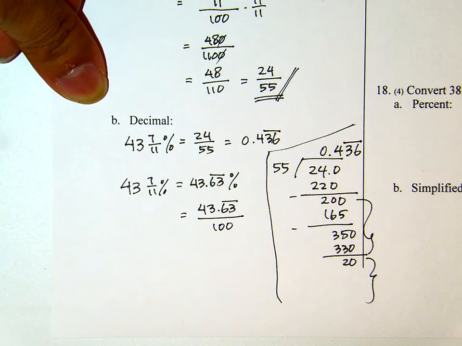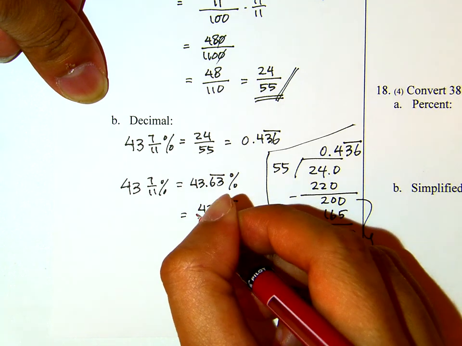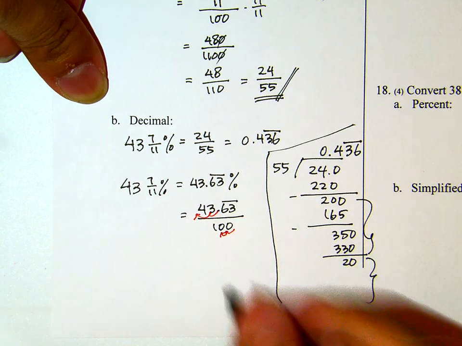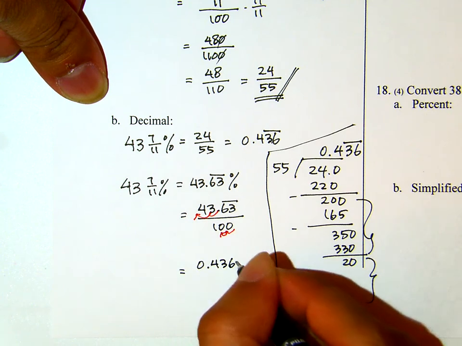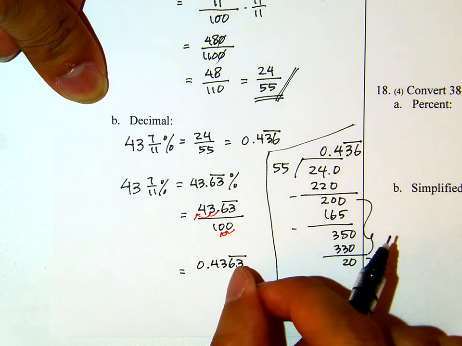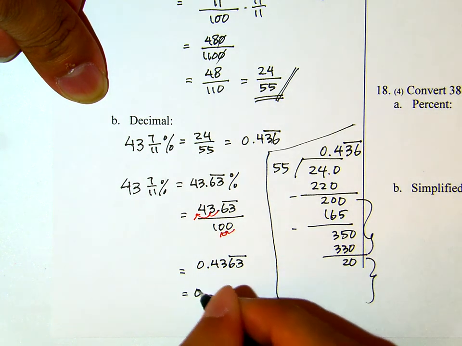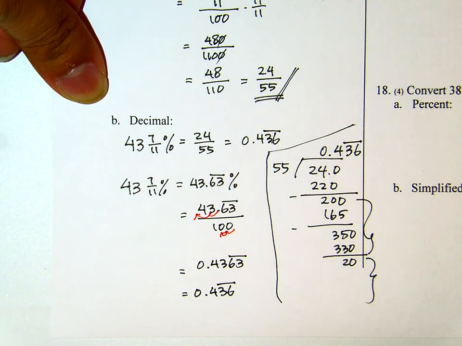I move the decimal point twice to the left. Okay, now then you will get 0.4363 bar here. But notice that this is just the same as 0.436 bar.